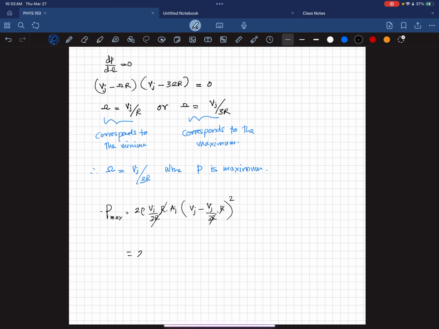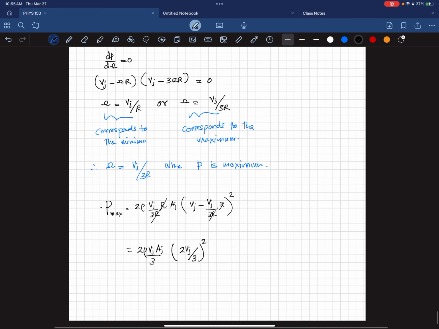So we have 2 rho Vj Aj over 3 times 2 Vj over 3 squared. So we can write 4 Vj squared over 9. 9 times 3 is 27, and 4 times 2 is 8, so 8 rho Vj cubed Aj over 27. So that's the maximum power.